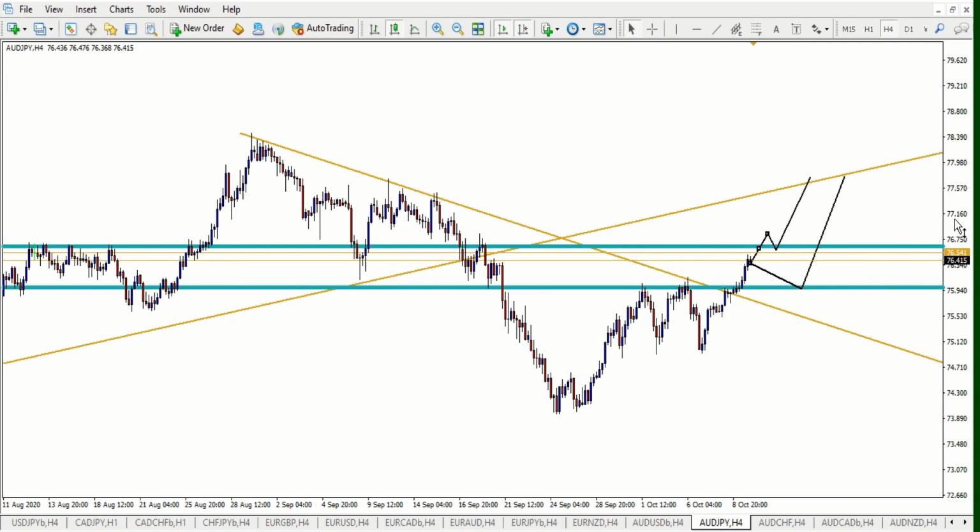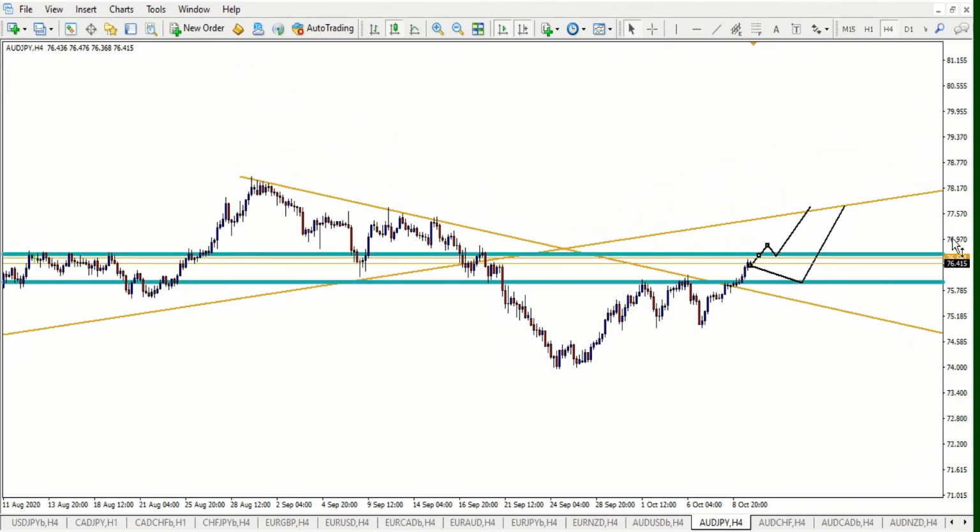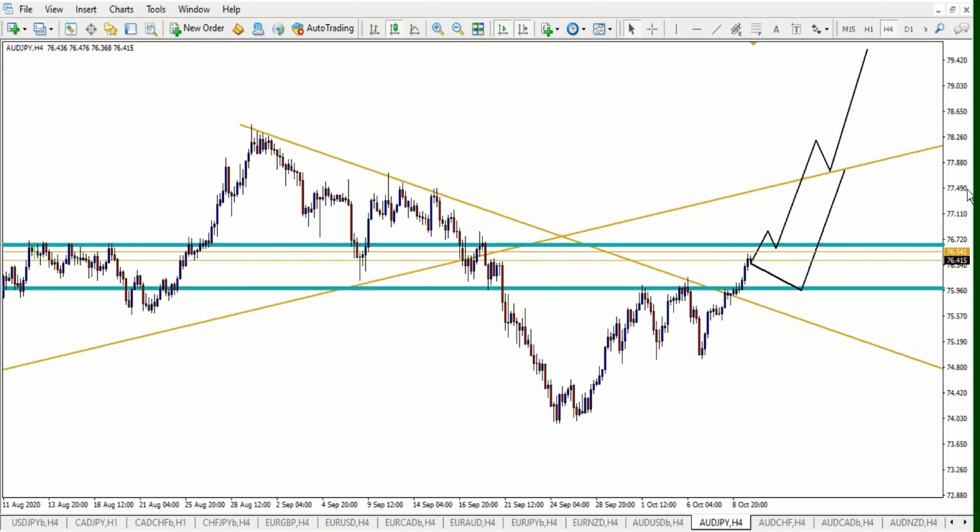Also, what could be nice to show further bullish strength is if the market breaks back in this upward channel like that. Okay, giving us a retest of this upward channel support line, and make its way back up there. Alright, but essentially this is what we're looking for the upcoming week.